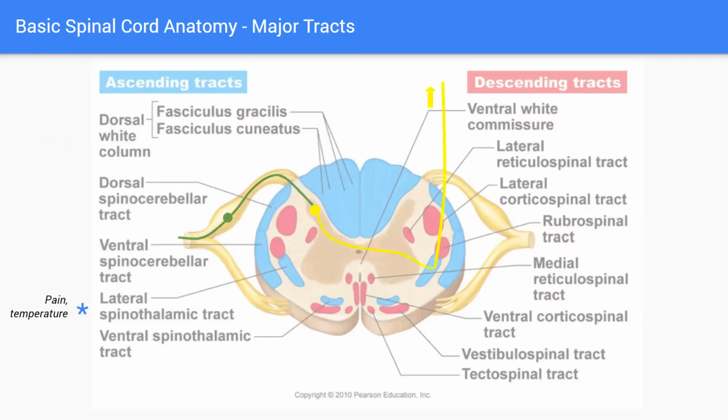On the other hand, this is in contrast to pain and temperature information, which comes in, for example, from the left arm through the left dorsal root ganglion, and then synapses onto second order sensory neurons in the gray matter of the spinal cord. These second order sensory neurons cross the midline and then continue to project on the contralateral side of the spinal cord in the lateral spinothalamic tract.